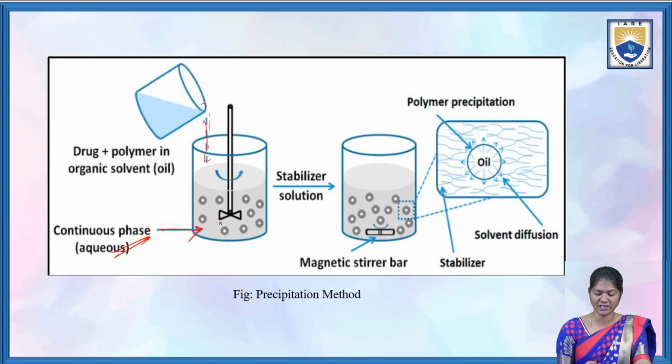We put a magnetic pellet into the container and keep it on the magnetic stirrer, so the pellet rotates and the solution is mixed very well. Then some chemical reaction takes place in this solution, and we get solvent diffusion and then polymer precipitation.